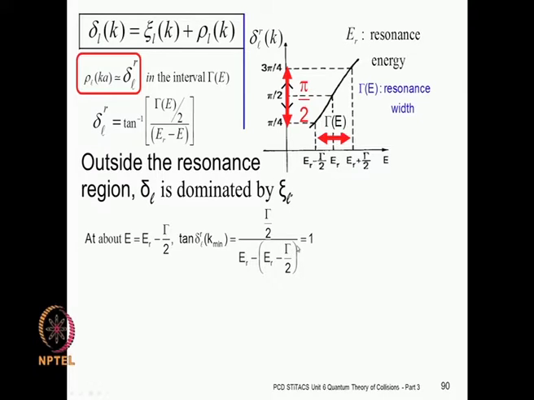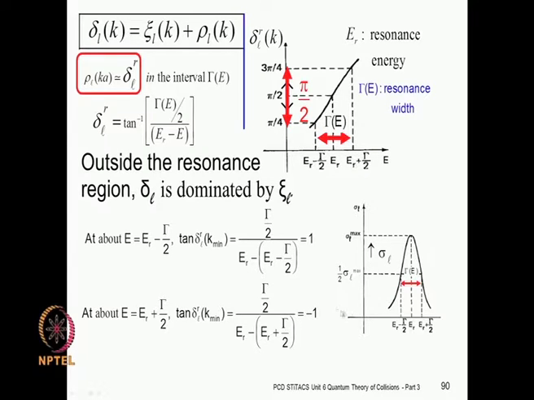And if you go just as much above the resonance energy as below, like go ER plus gamma by 2, then the tangent of delta in this case becomes -1. Okay. So, the tan delta becomes +1 at this point, and it becomes -1 at this point, and this is what happens to the cross section itself, for this type of behavior if it starts out over here.